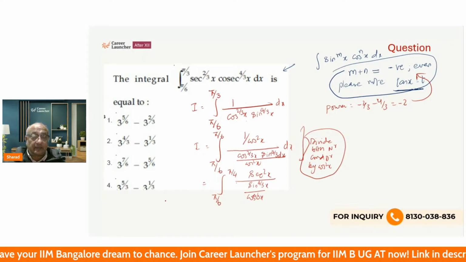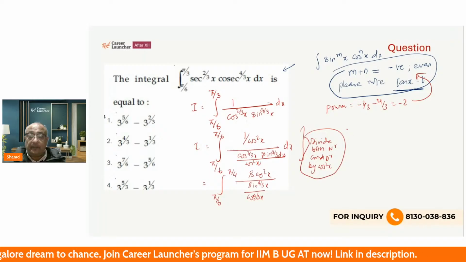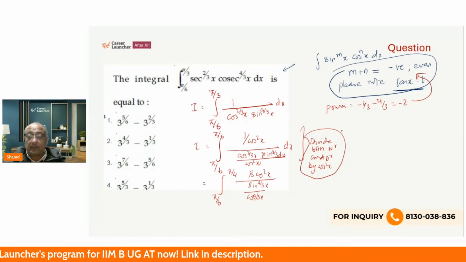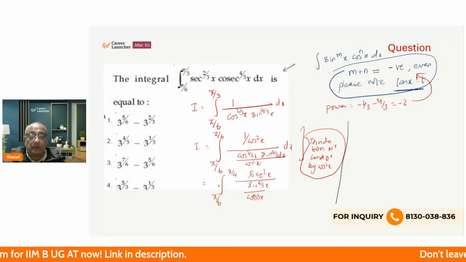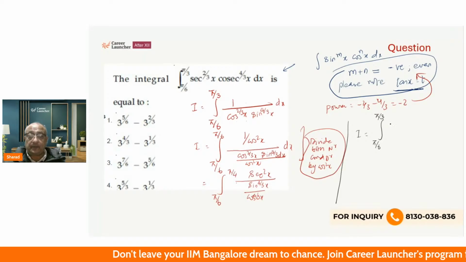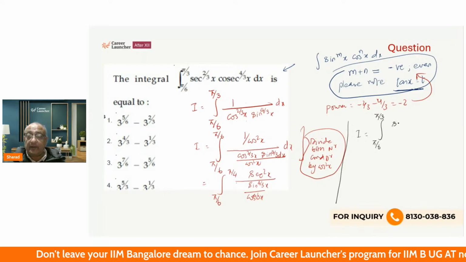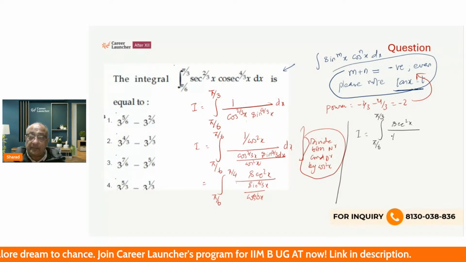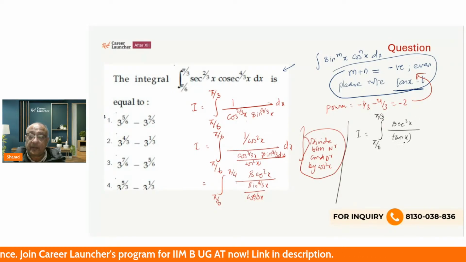Now I know this I is equal to the integral from pi by 6 to pi by 3, which is not a great deal. I know all those values of tan, and this will become tan x raised to the power 4 by 3.